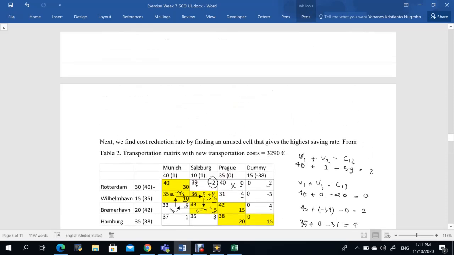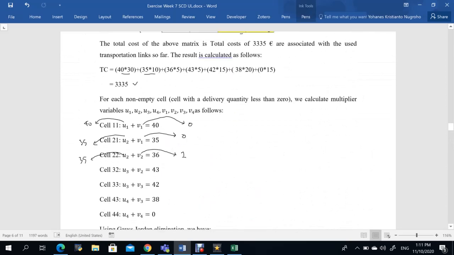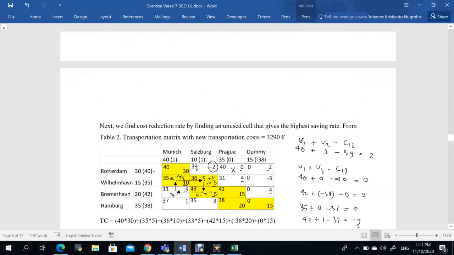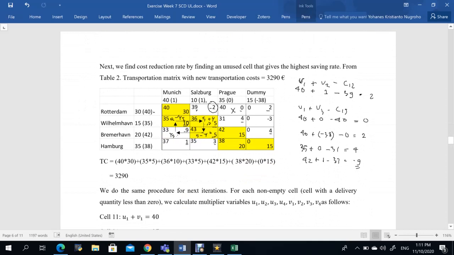into, oh sorry, it was 335 into 3290. 40 times 30 plus 35 times 5 here, because it was 10 minus 5. 36 times 10, because there is an additional 5 units from these cells, and then here 33, because it has transferred a quantity from these cells to these cells.